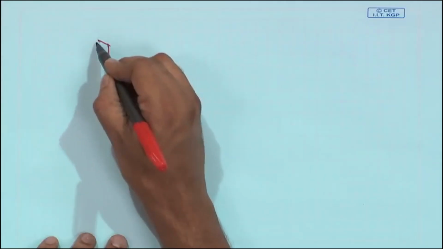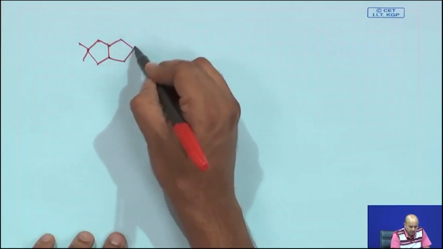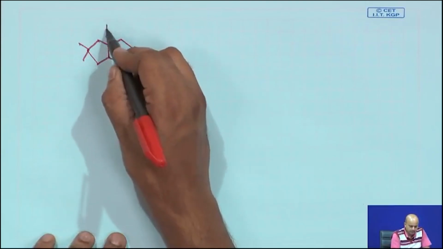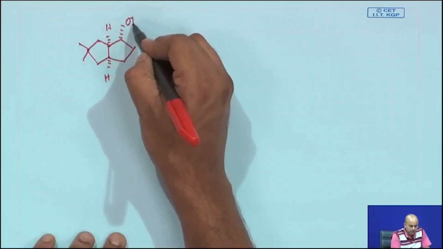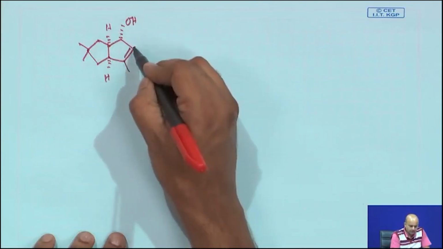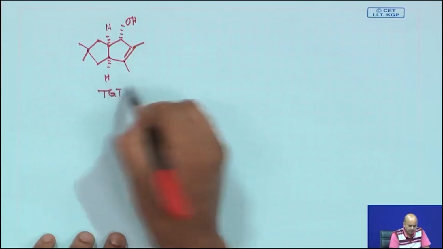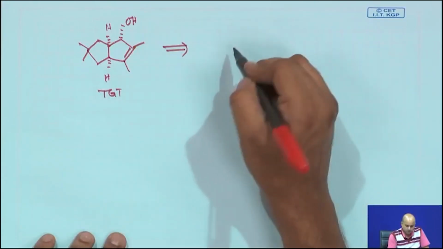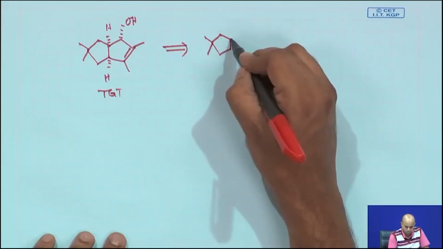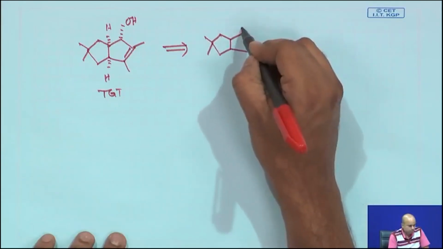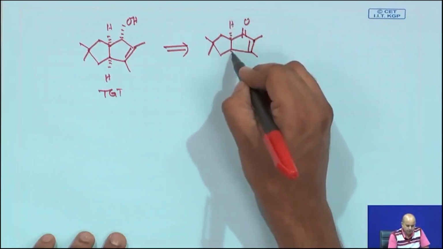The problem which was next given to you: a bicyclic compound is given. The stereochemistry at the stereogenic center was having this structure. Now, this is your target molecule. The starting material which was given to you is this alpha-beta unsaturated ketone.